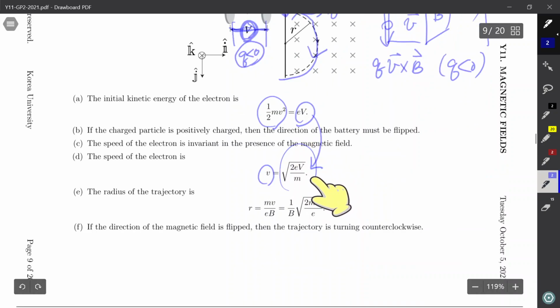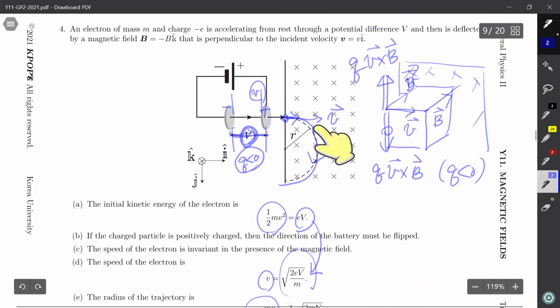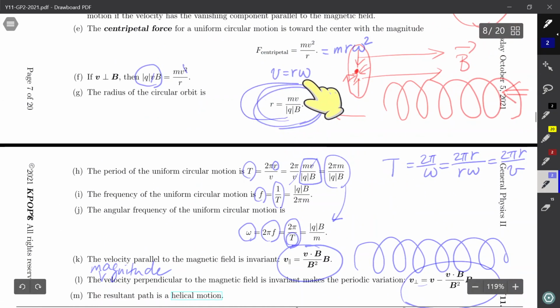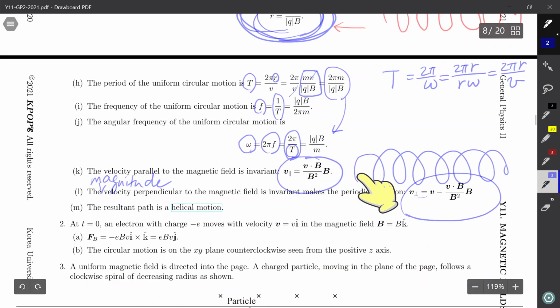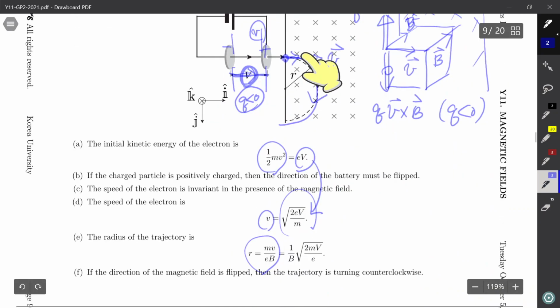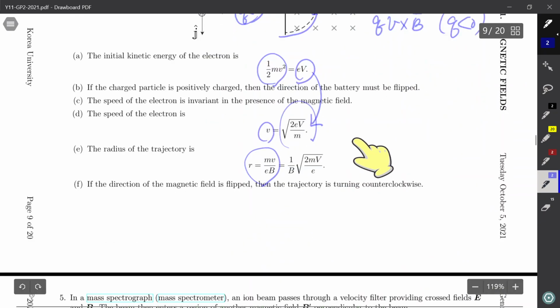After that, we can make use of the relation for uniform circular motion in the magnetic field that is perpendicular to the direction of the velocity, and the radius is determined like that.